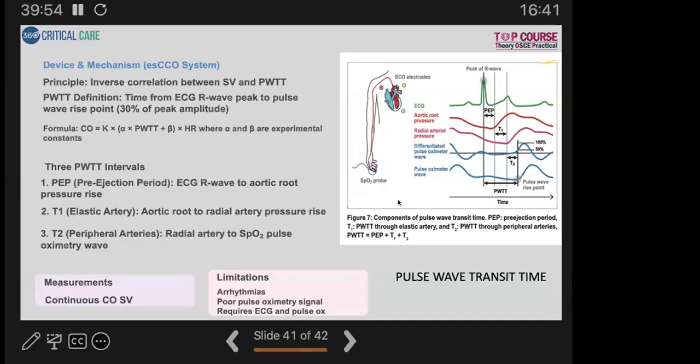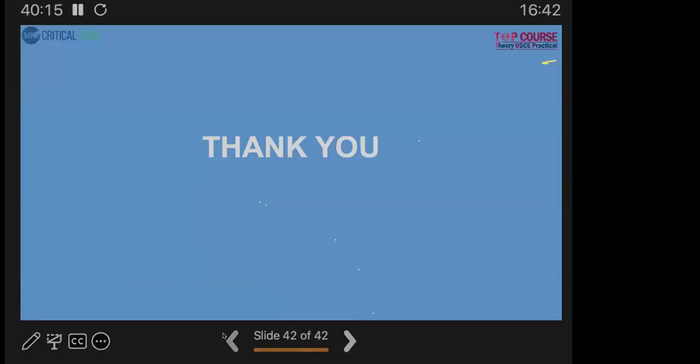So we derive 3 values and put them in a formula to derive the cardiac output. Basically, it's an afterload monitor which gives us the cardiac output. The main limitations could be arrhythmias, poor pulse oximetry signal, and that it requires continuous ECG and pulse oximetry. So these are some of the non-invasive devices used for cardiac output monitoring.